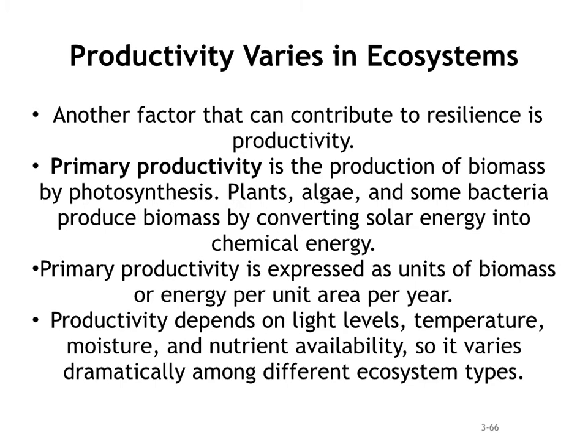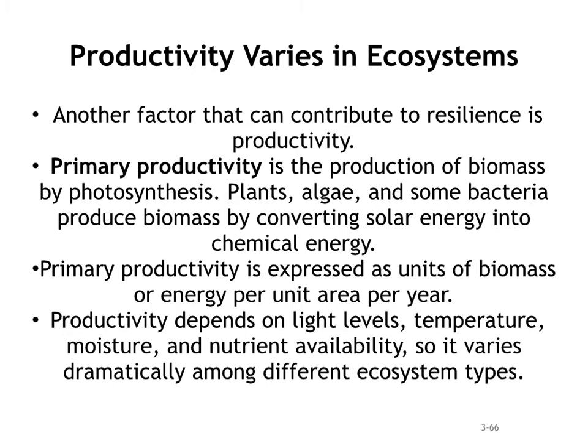We can measure primary productivity in terms of units of biomass per unit area per year, for example, in grams per square meter per year. Because cellular respiration in producing organisms uses much of that energy, a more useful term is called net primary productivity, or the amount of biomass stored after respiration.